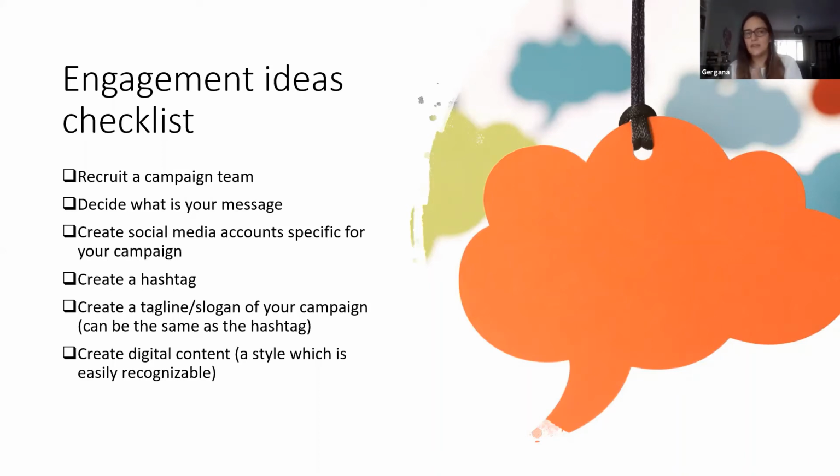So some engagement ideas. We've discussed recruiting a campaign team. Again, if you haven't done it, take 30 seconds or a minute now and write down 5 people that you can think of who you really want to invite to be part of your campaign team. Do it now.